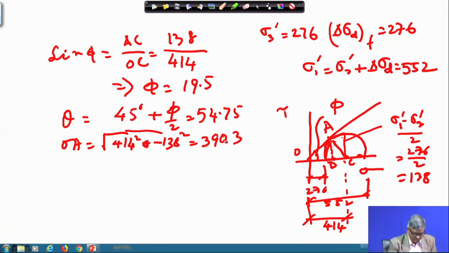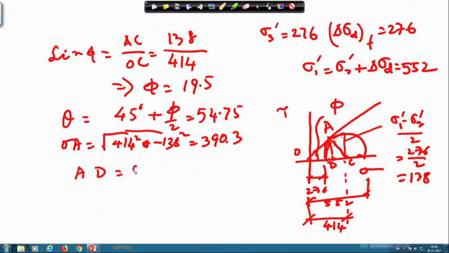and that will be equal to 390.3. And then if I take now the OAD triangle, from there I can write AD equal to OA sin phi, and AD is nothing but the shear stress at this point.